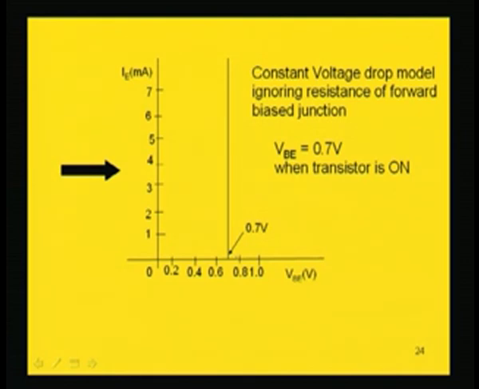As soon as the transistor is forward biased and the input current is rising, we can approximately model it by 0.7 volt.